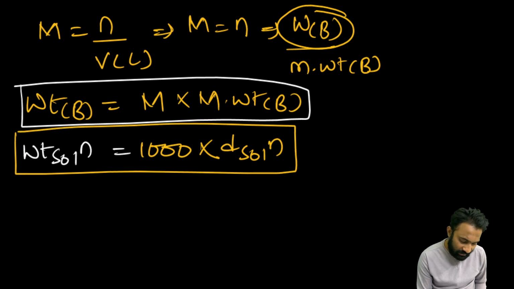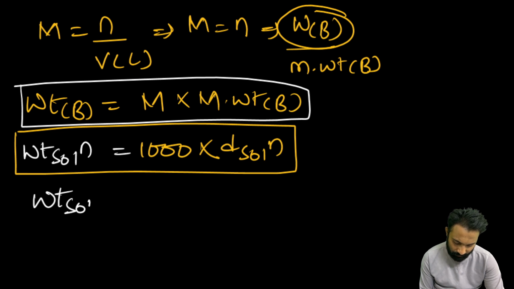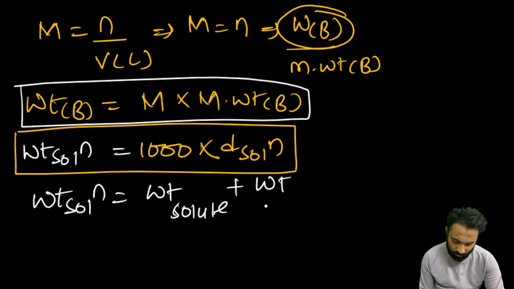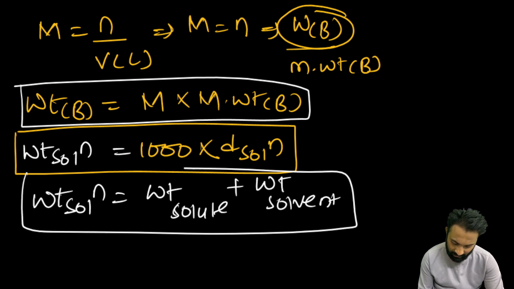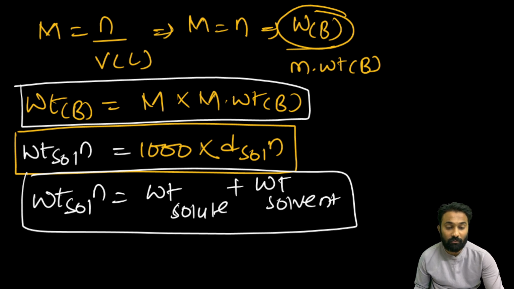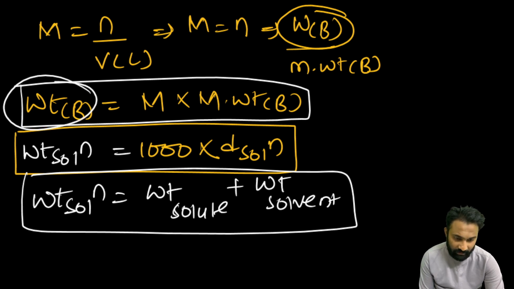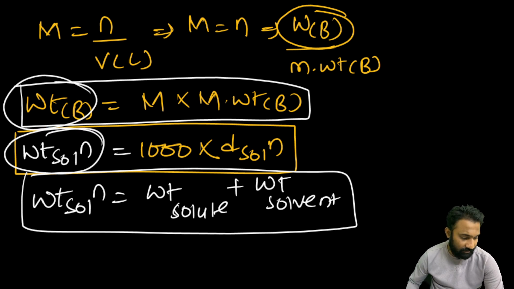I will explain one beautiful formula for you. What is that? Weight of solution is equal to weight of solute plus weight of solvent. Clear? Now by this formula, we have the weight of solute and the weight of solution, so from here we will get the weight of solvent.